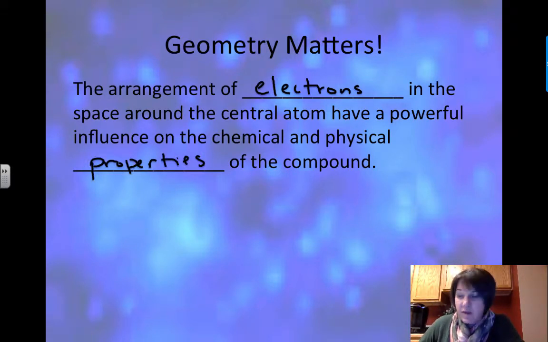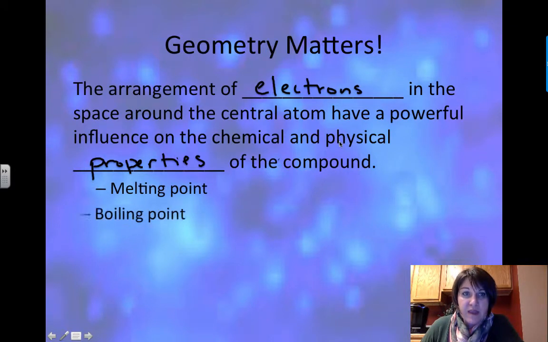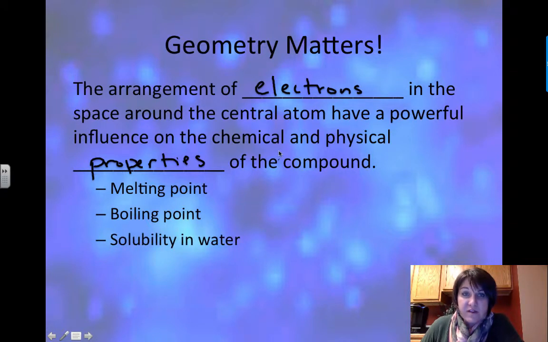Like whether or not the electrons are bonding pairs or non-bonding pairs will influence important things like the melting point and the boiling point of a substance. The more polar the bonds are, the higher the temperature has to be to melt it or boil it. It will also affect the solubility of the substance in water, the pH, and the conductivity, and lots of other properties that you might think of.